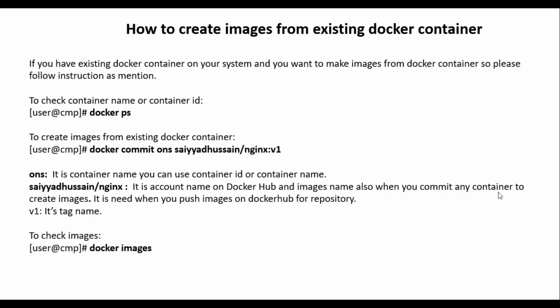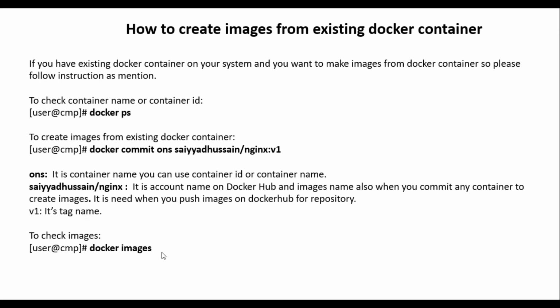When you commit the container, it will create an image on your system with that name. It is needed when you push images to the Docker Hub repository. So the name should match when you push your images from the local system to Docker Hub. It is mandatory that your user ID matches the local image. v1 is just like a tag name.